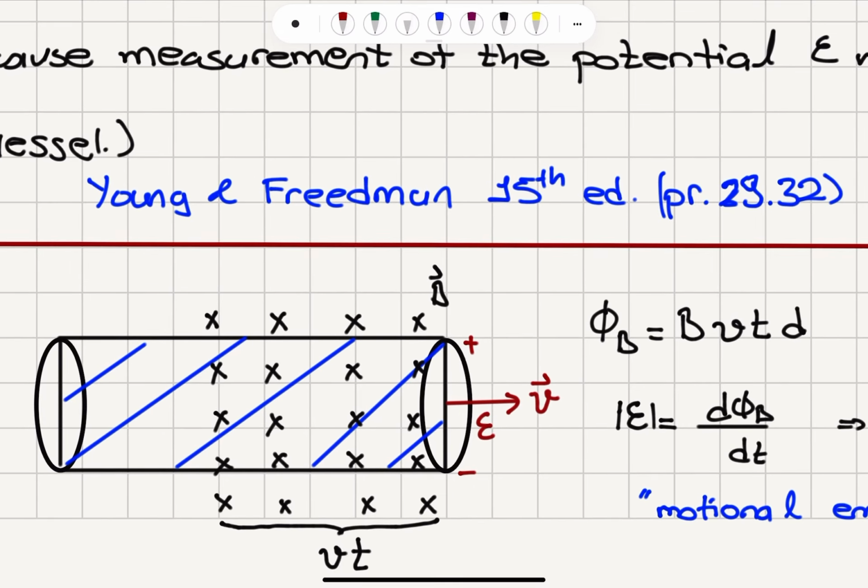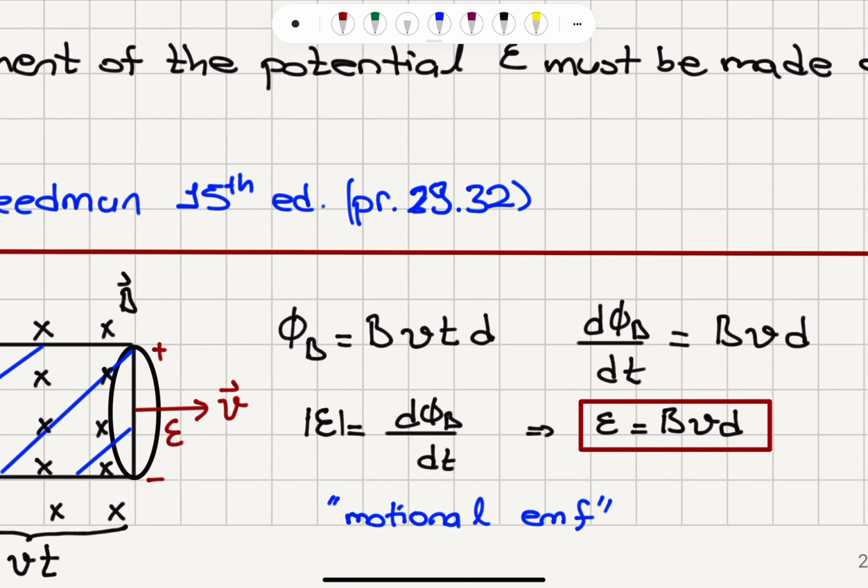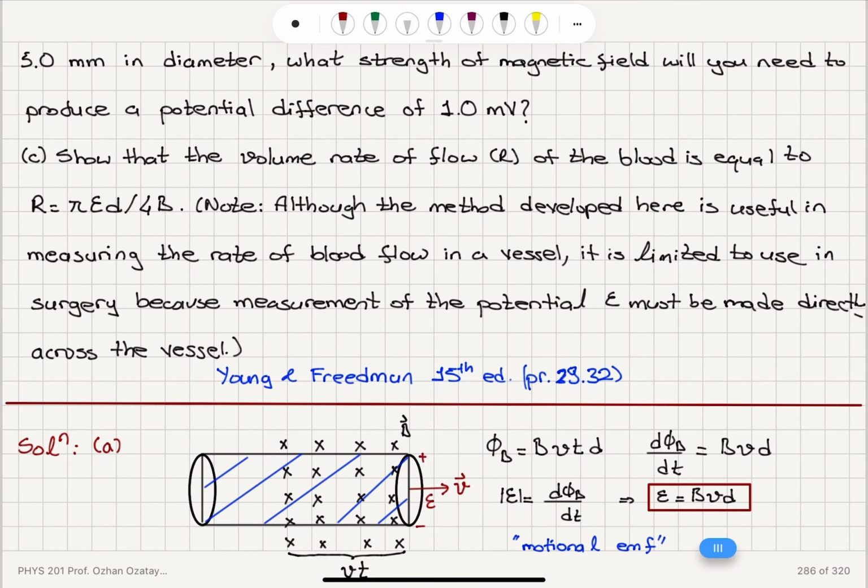We start our timer at t equal to 0 and we wait for a time t, Vt is the length of the blood vessel that is inside the magnetic field. Then we can see that the magnetic flux is BVt times d. So Vt times d, the diameter, is the area that is exposed to this magnetic field, and this is the flux. d phi B dt is the motional EMF, BVd.